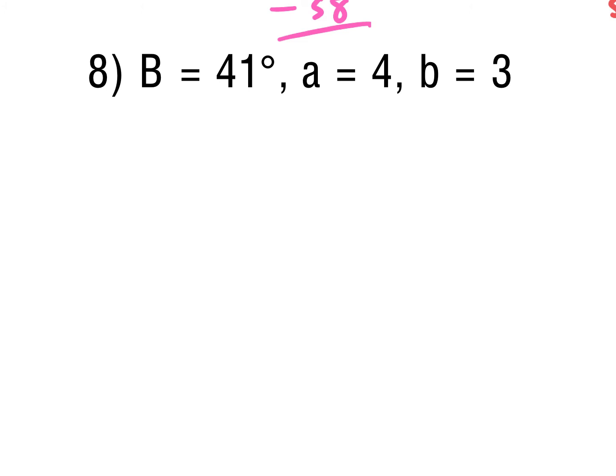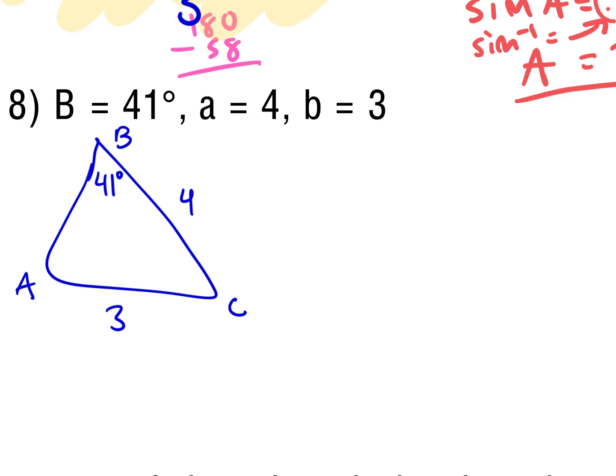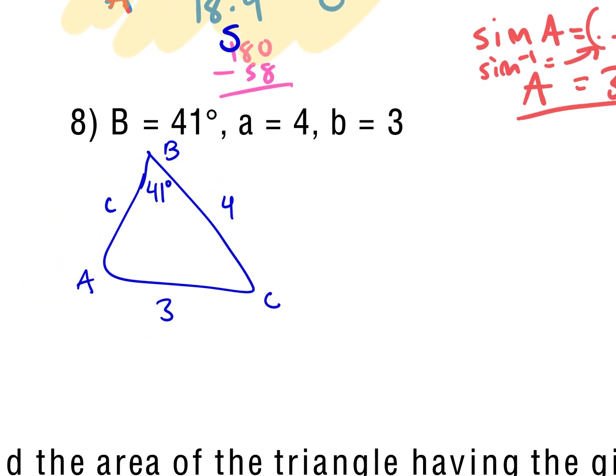All right, number 8. Let's draw our triangle first. So I have A, B, C. Angle B is 41. Side A is 4. Side B is 3. So what do I have to find first? I have to find angle A first because I have a corresponding pair of B's, so I'm going to use that.